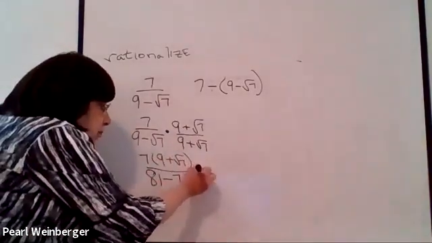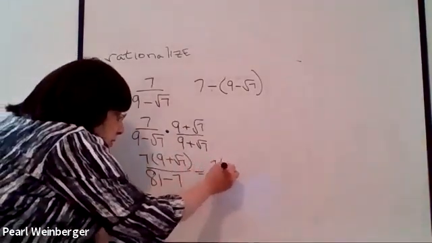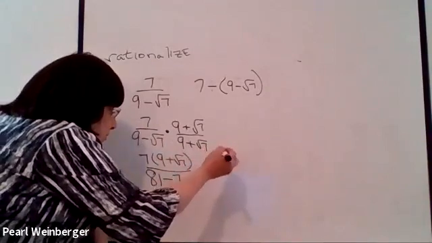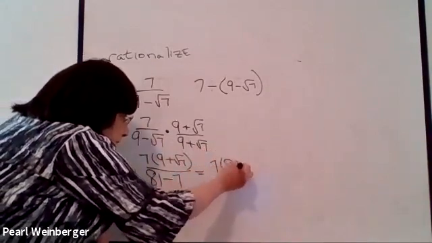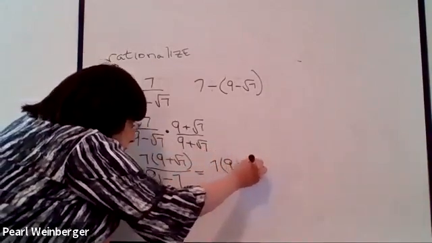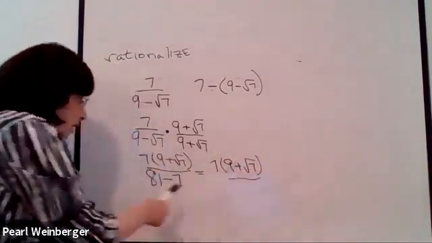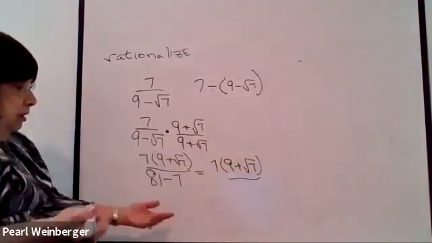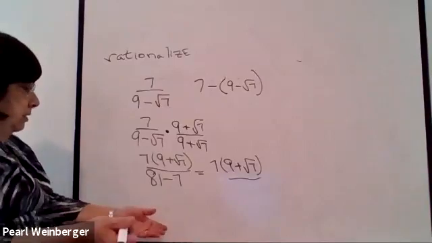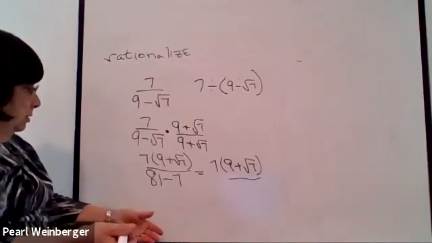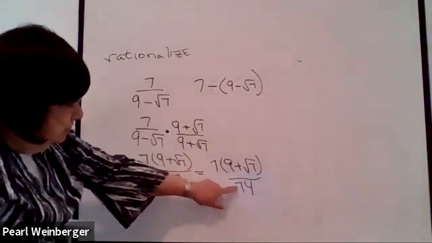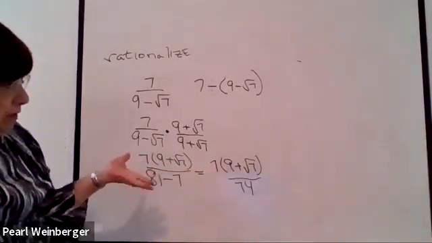So my answer comes out to be 7 parentheses 9 plus radical 7 over, now these are just two regular numbers, 81 minus 7 is 74. Oh, excuse me, 74.